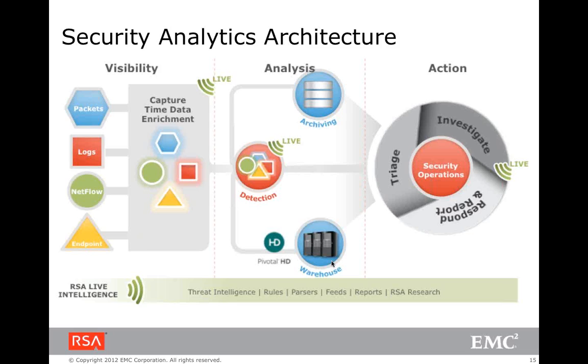Similarly, a desktop IP address needs to have the context of who is logged onto that desktop at that point of time, so that one week or two weeks down the line, I'm able to correlate that this IP address which took part in a particular attack was being used by so-and-so at that point of time. Right? So the data enrichment really happens at capture time, and that enrichment data is available for me while I'm doing my analysis and my detection.